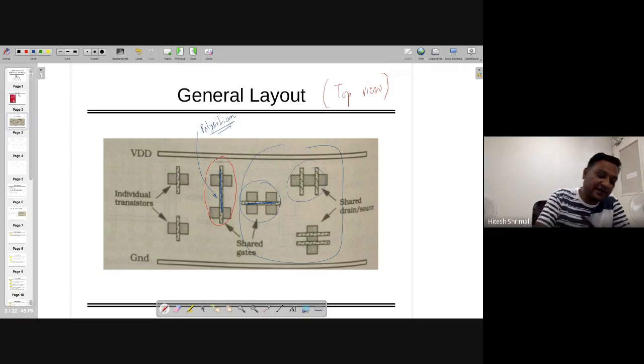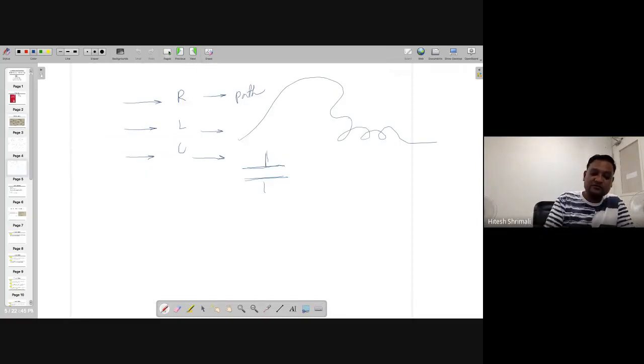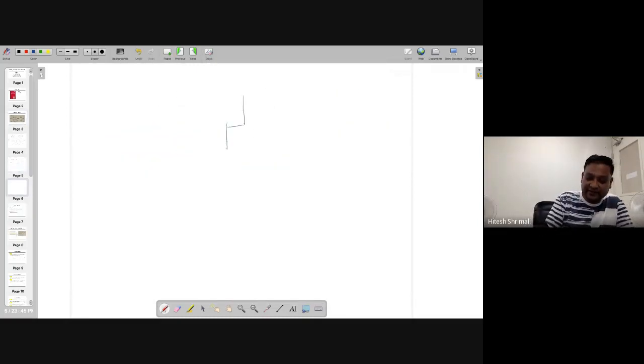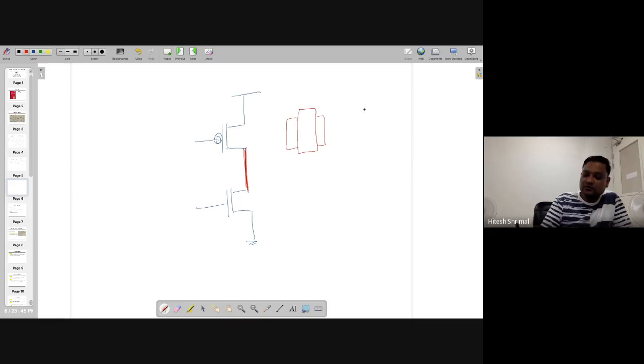Sometimes it happens that your drain and drain are connected together like this. Let's assume that this is PMOS and this is NMOS. By the way, the name of this particular connection is drain to drain abutment. So if there is a drain to drain connection like this, when you are making the connection, you can do as follows. You can directly connect both of them together.